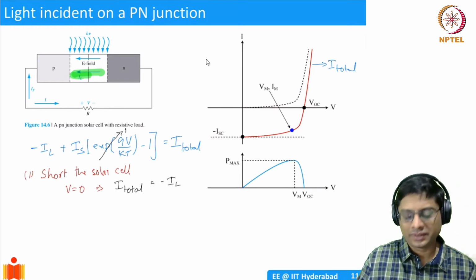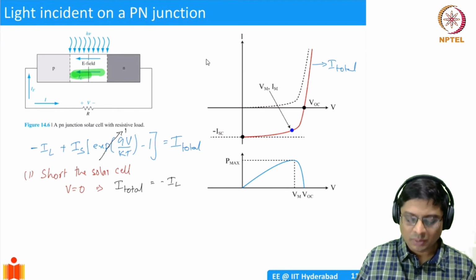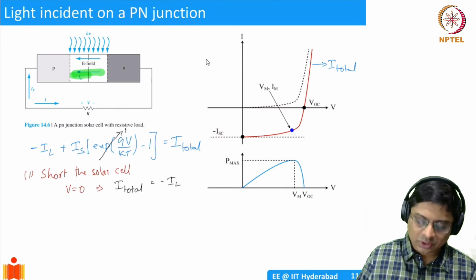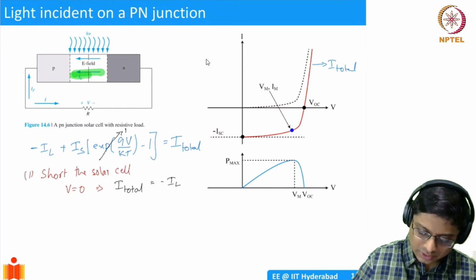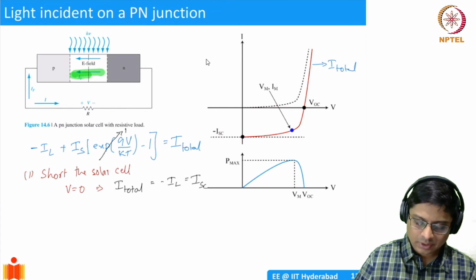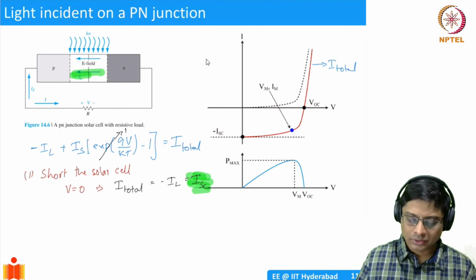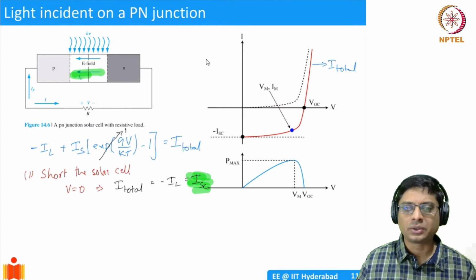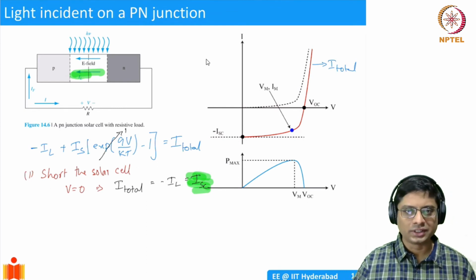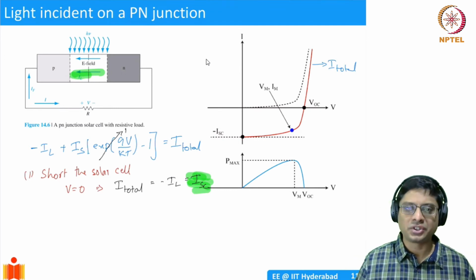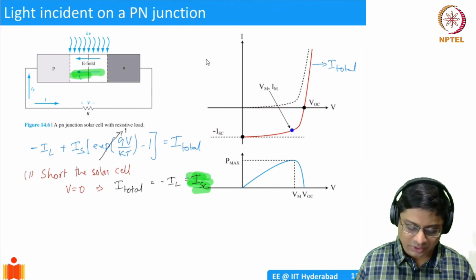And this is a very commonly found scenario. We call it short circuit current. We call this ISC. This is the term used in the solar cell community. So ISC basically means short circuit current. You take a solar cell, short it, and then shine light and see how much current you're generating in that. That is short circuit current.